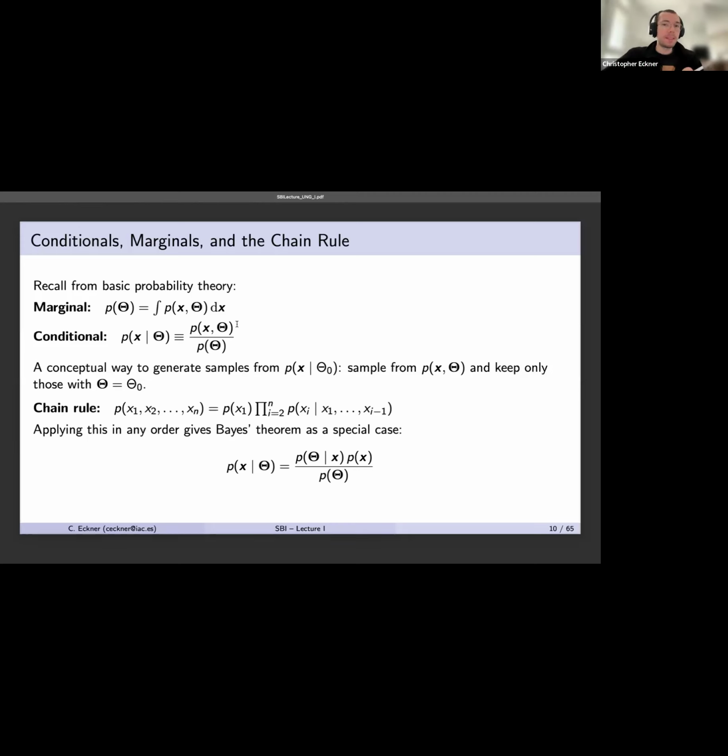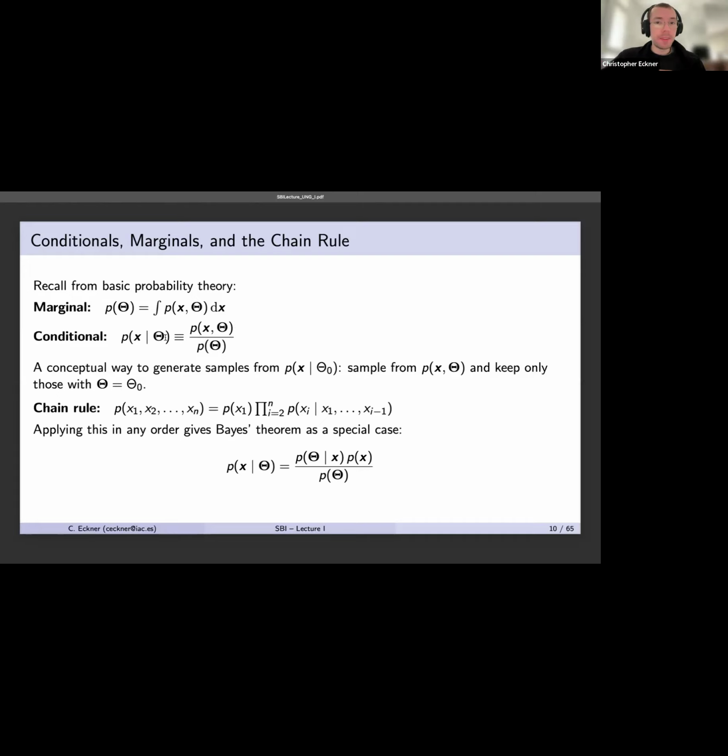This can be expressed, for example, in this way, as the joint probability divided by the marginal probability of all the parameters. Basically saying that you divide by the overall probability only depending on your parameters from your joint probability.